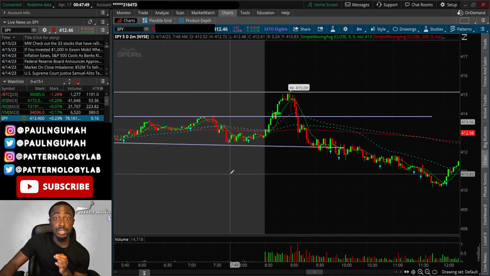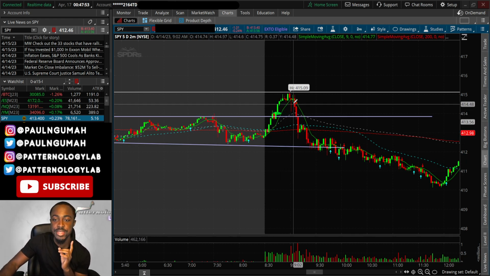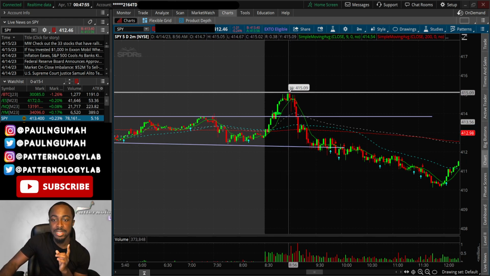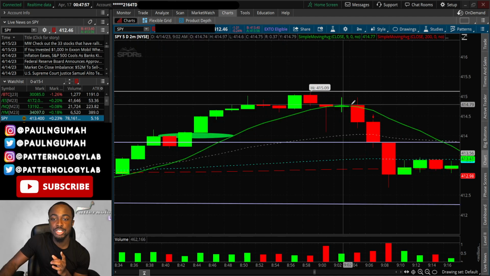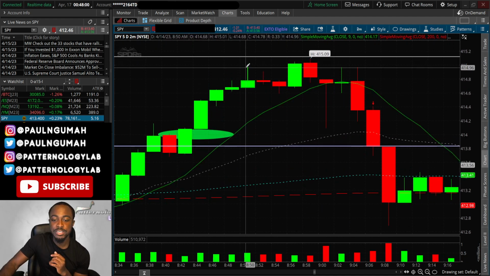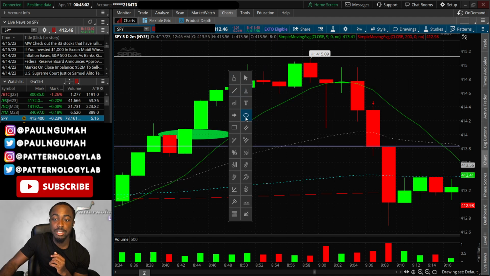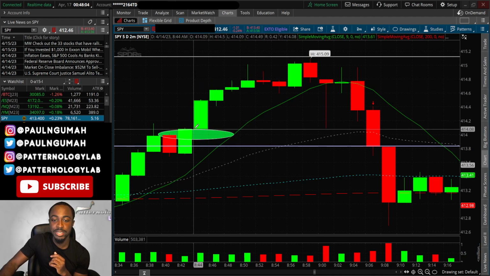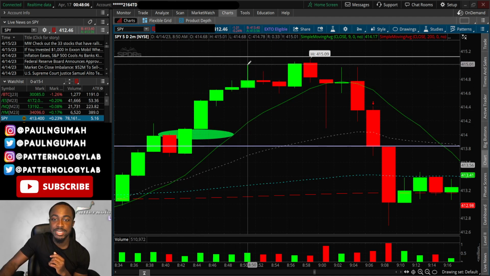Usually the megaphone pattern behaves much better than this, but because that line was there, I saw it try to test 415, 6 minutes after I got in right here. It tried to get there, and then there were some sellers forming this wick right here. This is a rejection.